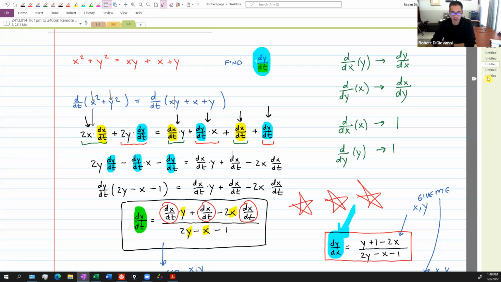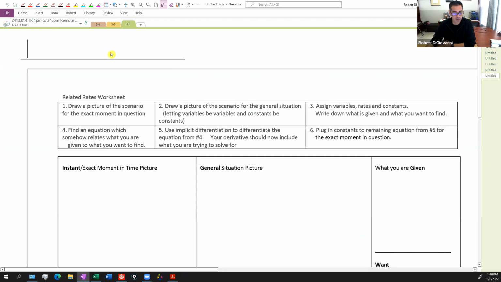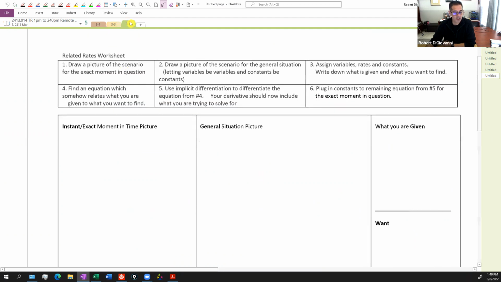Okay. All right, so before I begin this section, related rates, I want to remind you that in your formula sheets in Canvas under files, you have a sheet called the related rates worksheet. I allow you to print this and use it on your exam.